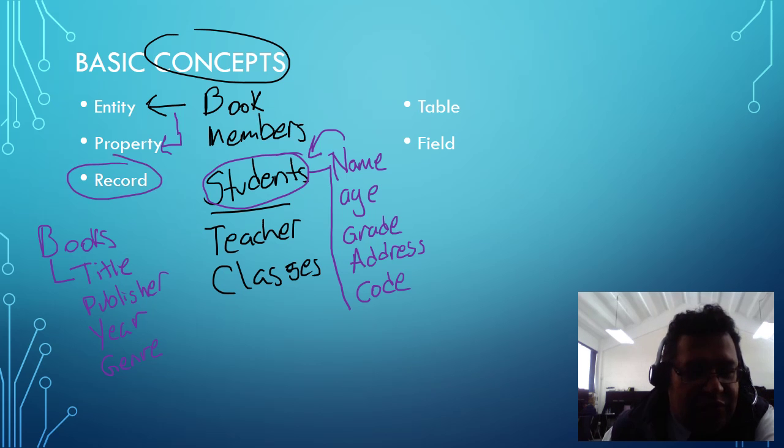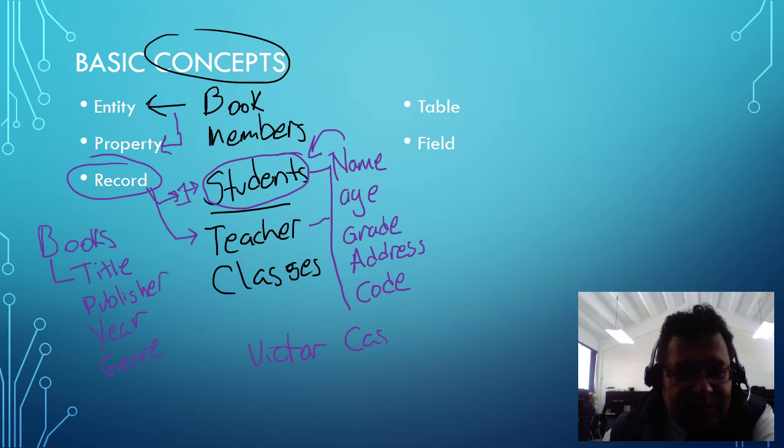A record is one of the students, is going to have a record. And for instance, one of the teachers, and the teachers can have the same properties. So for example, Victor, that's me, and there we go. That is going to be one of the records in the entity teachers.